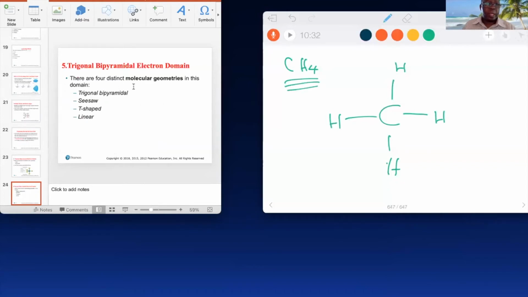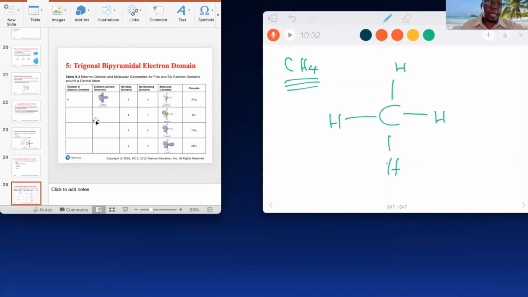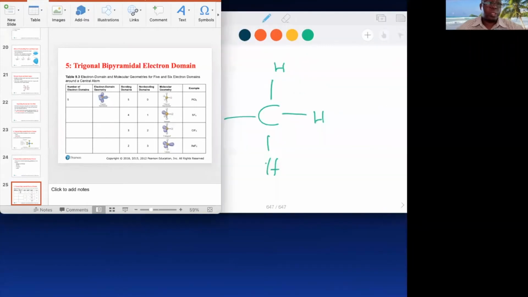Here are the terms used in describing the molecular geometries for 5 domains. These are the molecular geometries: trigonal bipyramidal, seesaw, T-shape, which are given in the text showing how they look. Maybe if I blow this up, you will see how the shapes look.